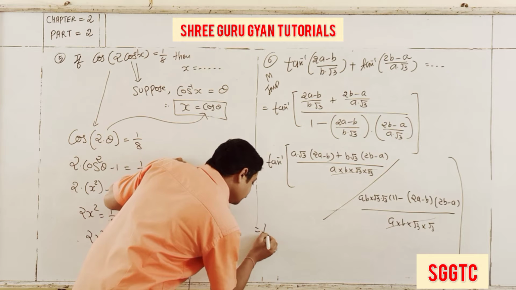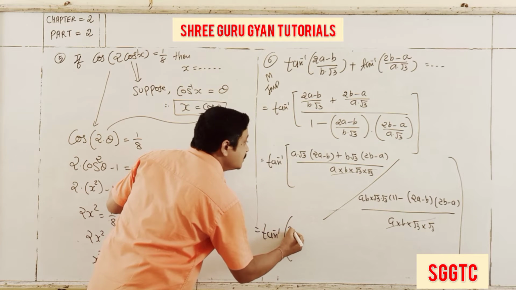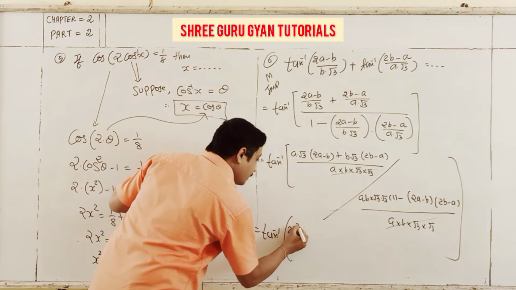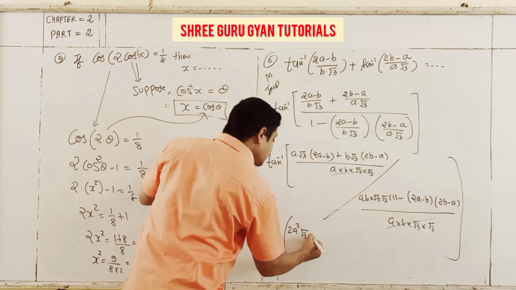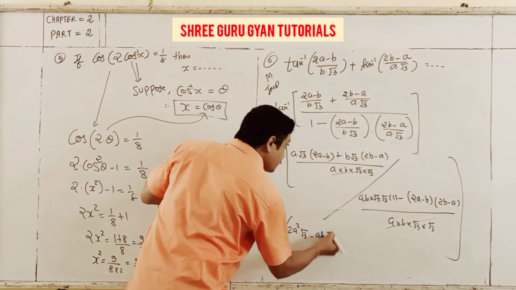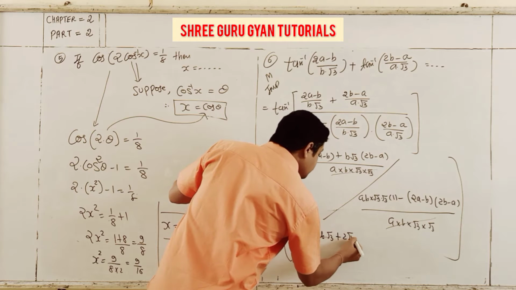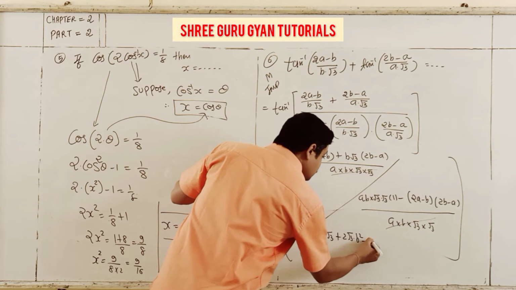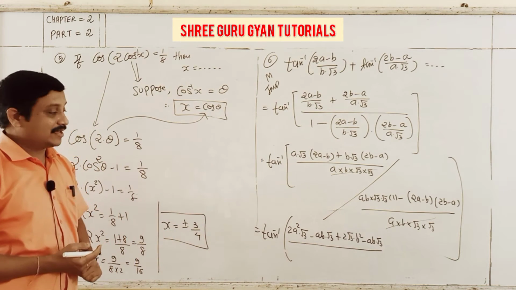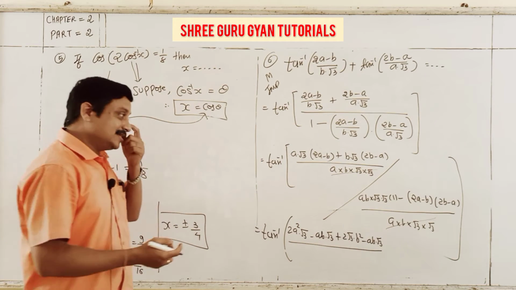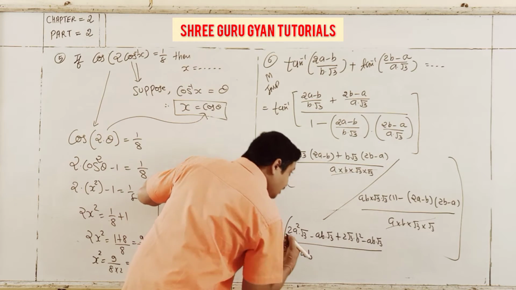You will get the first product: 2a into a square, and root 3 times 2a square root 3. Next ab root 3. Same here: 2 root 3 b square and minus ab root 3, upon the same denominator. Take root 3 into root 3, which is 3, into ab. It will be 3ab.